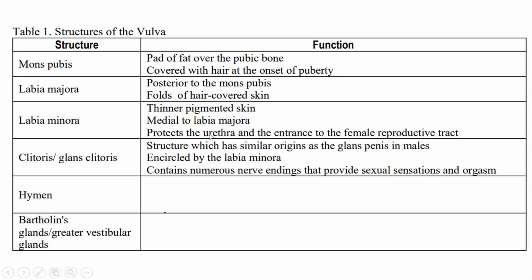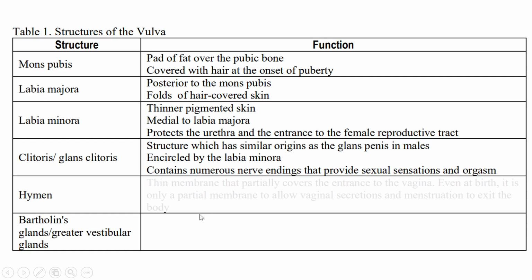The clitoris is just like the glans penis, so therefore it is a structure that has similar origins as the glans penis in males, encircled by the labia minora, and contains numerous nerve endings that provide sexual sensation and orgasm. So this will be very helpful in order to give sexual arousal to the female.